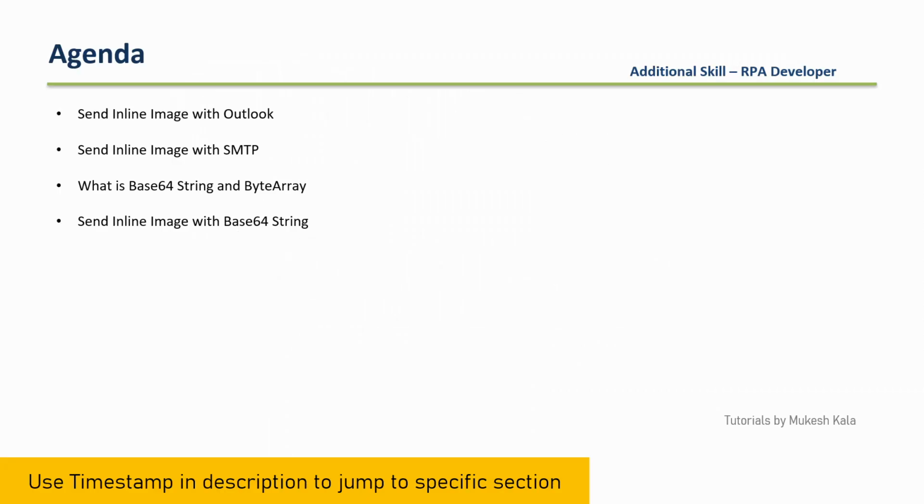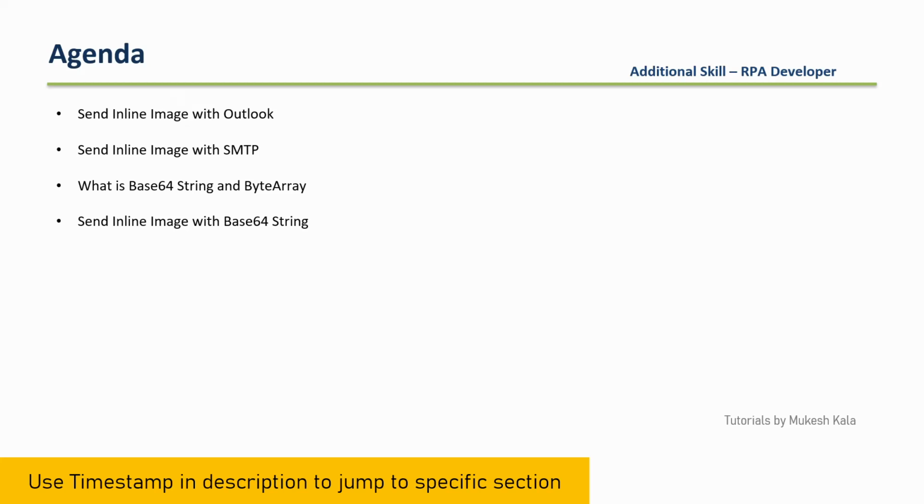Talking of the agenda, this would be our agenda for today. First of all, we are going to see how you send inline images with Outlook. Then we are going to see how you send inline images with SMTP. For both of those we are going to use the image SRC property, and I am going to show you how different email providers are not able to render the images, and that is why sometimes as a developer we are supposed to use something called Base64 and ByteArray.